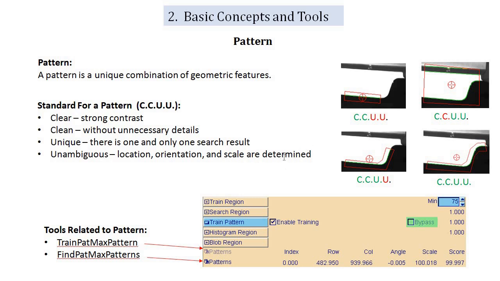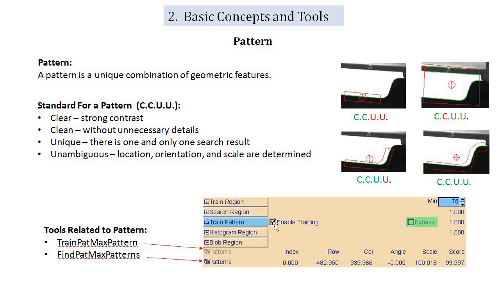All right. So in the actual application, we may see a block like this. There are several tools involved, but the most essential tools are the train pattern tool and also the find pattern tool. So the first step is to train the pattern.